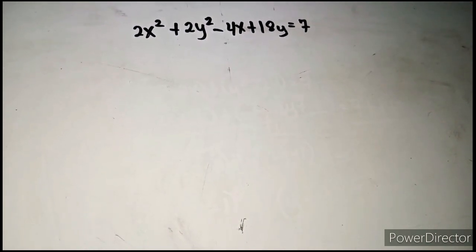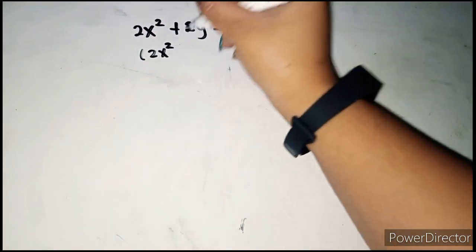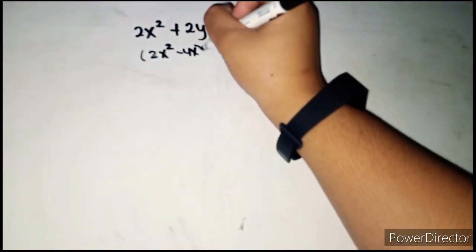So we have 2x squared plus 2y squared minus 4x plus 18y equal to 7. So katulad ng ginawa natin sa previous example, we isolate yung mga magkaparehas ang kanilang variable. So, for this one, we have 2x squared minus 4x.